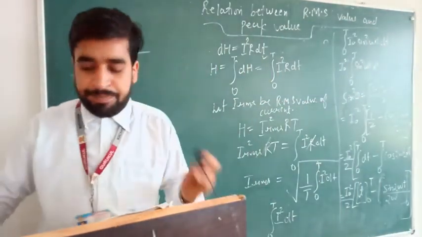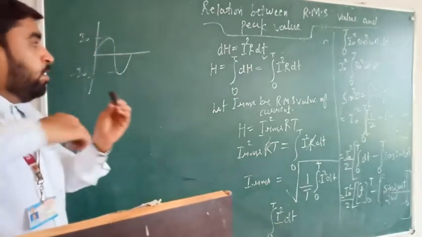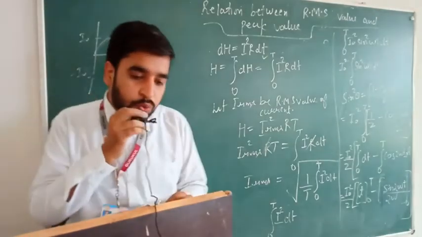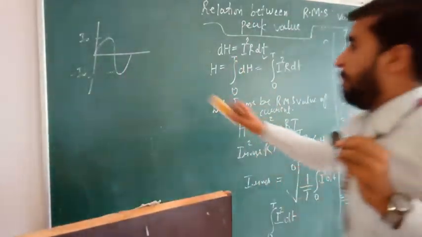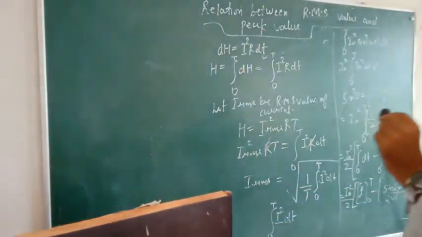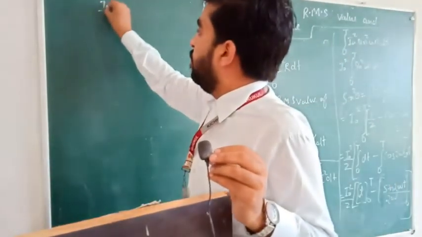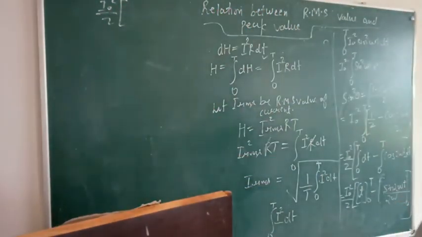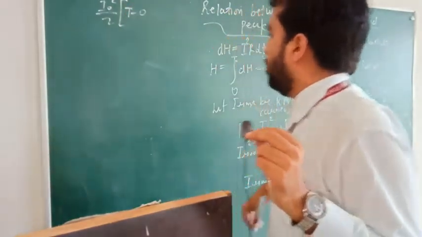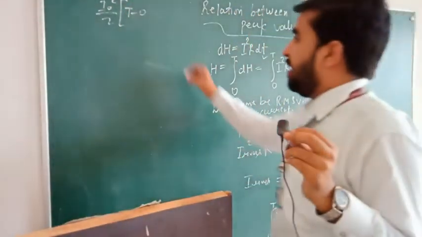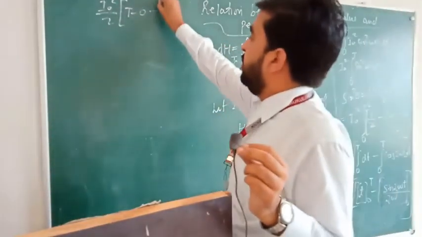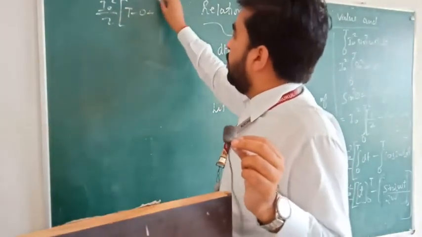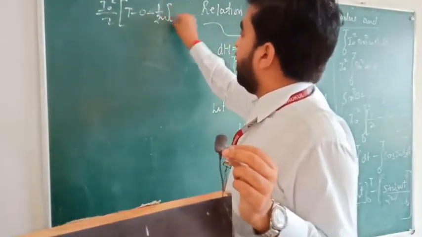Now, let's solve it further. So, students, now, I naught square upon 2, substitute this limit, upper limit t minus lower limit 0. So t minus 0, fine, minus, inside this will be 1 upon 2 omega, we can just take out.